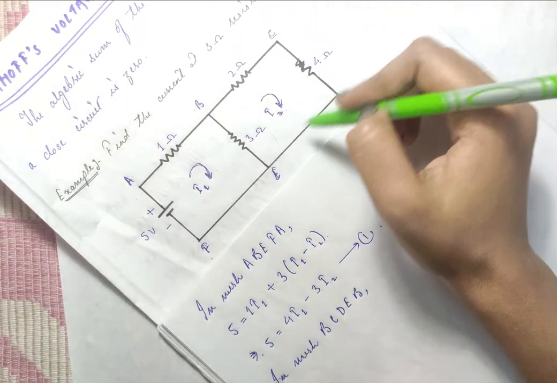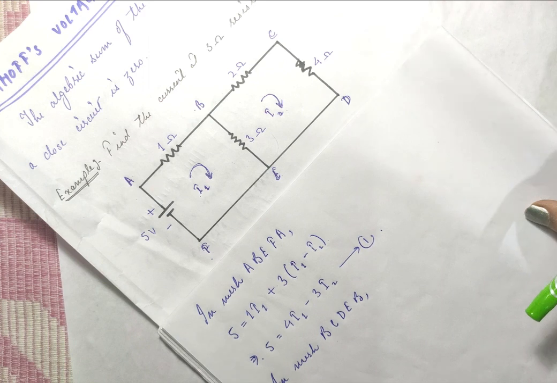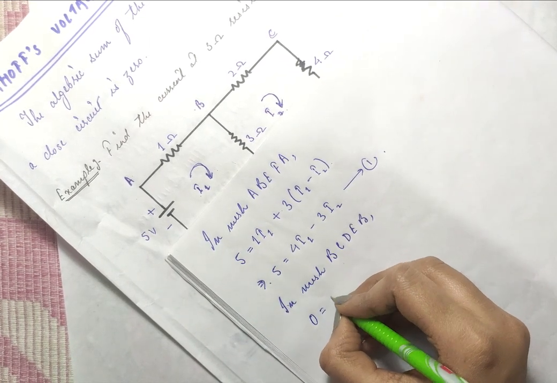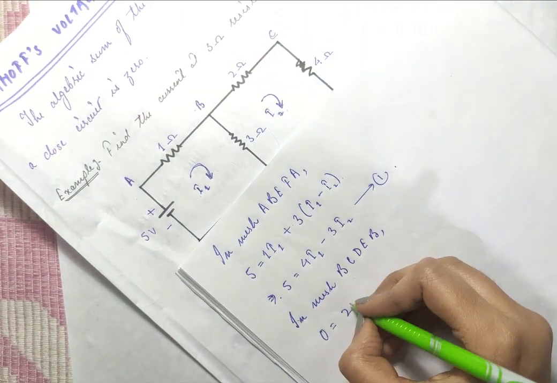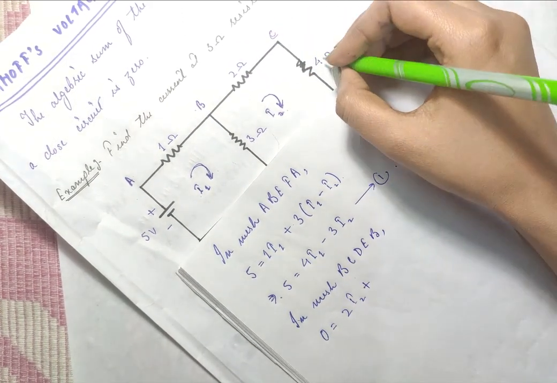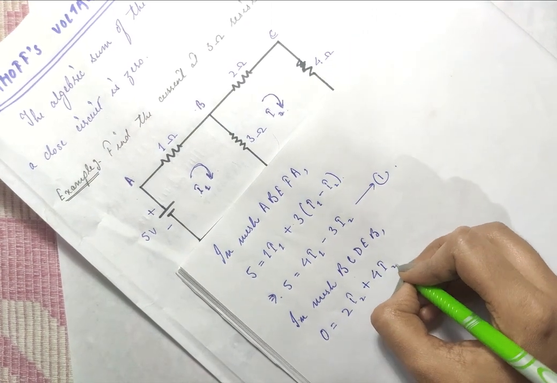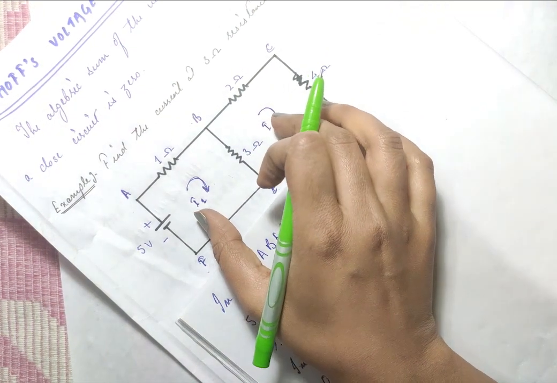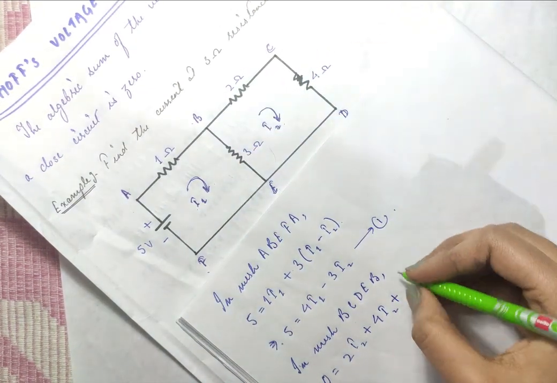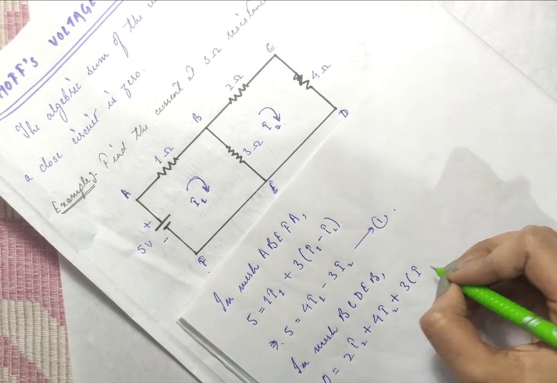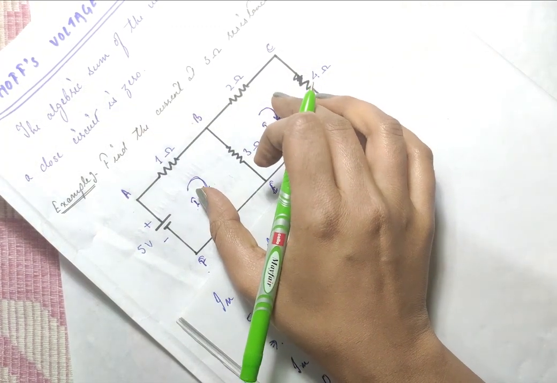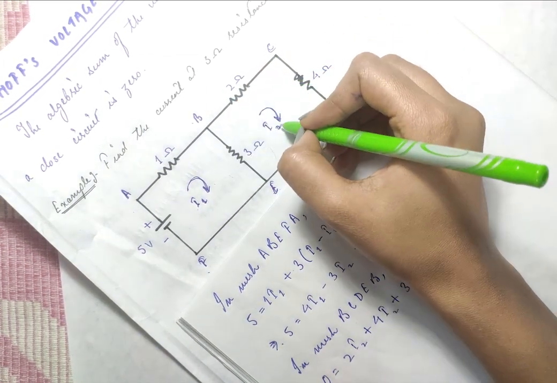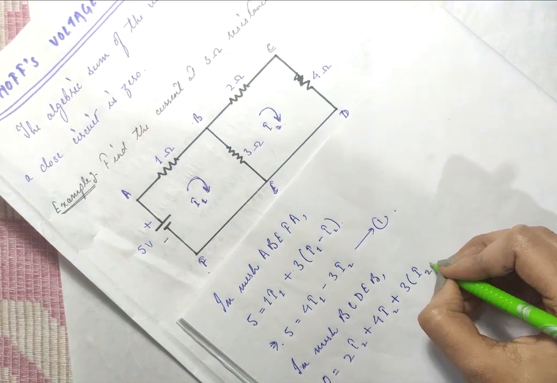Voltage source is absent here, therefore the value of the voltage source will be 0, equal to resistance into current, 2 into I2 plus 4 into I2, plus, again here both the currents are flowing through this 3 ohm resistance, and the directions are the same, so it will be negative: 3 into (I2 minus I1).